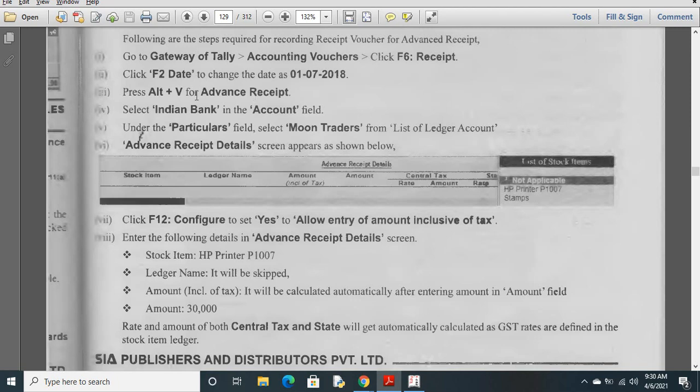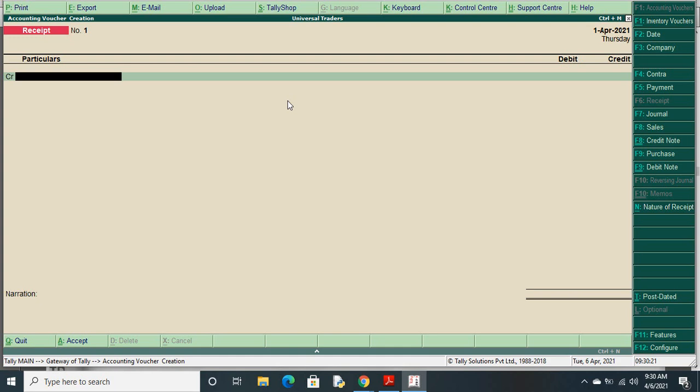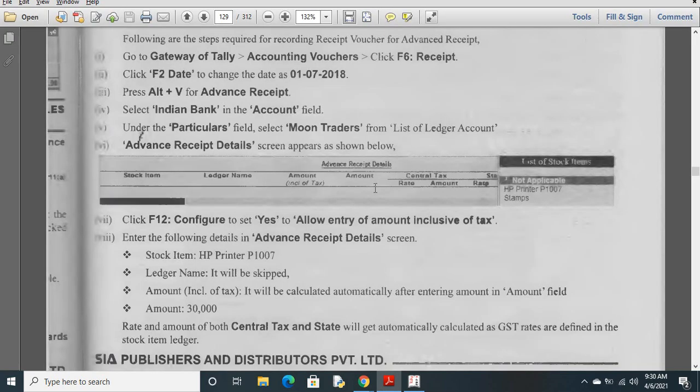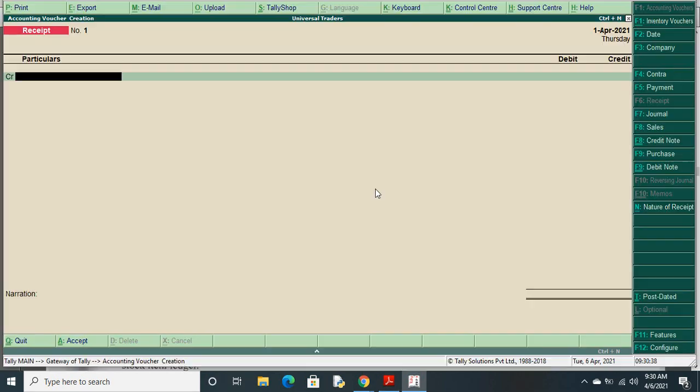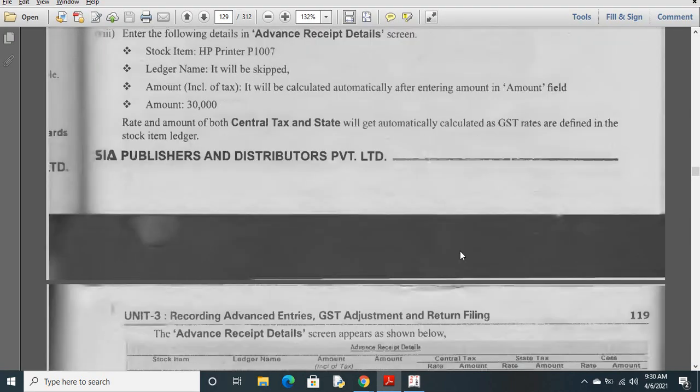Go to Gateway of Tally, Alt plus V for advance receipt. Alt plus V. Where do we have this option? It is not coming. I mean receipt voucher only. If it is in single entry mode only, it will come up.